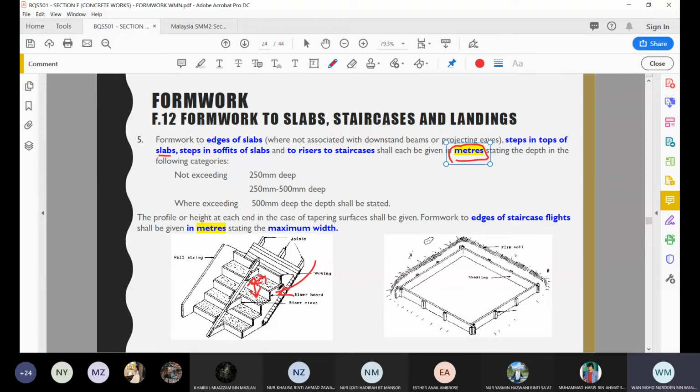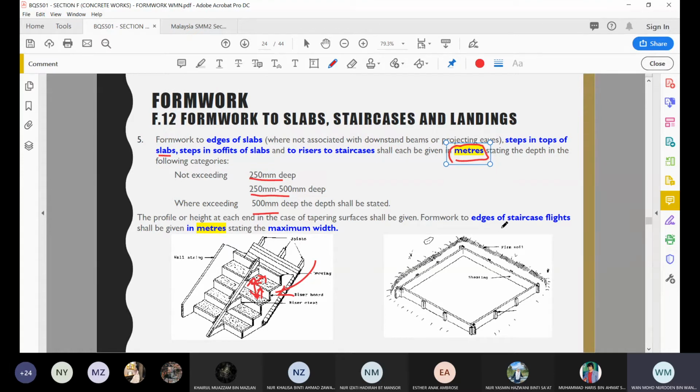Maksudnya berapa ketinggian dia, depth dia, 250 or 250 to 500, 500 deep or exceeding 500 lah. The profile or height at each end in the case of tapering surface shall be given.